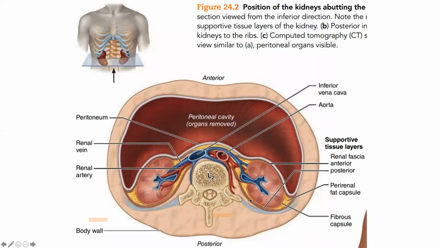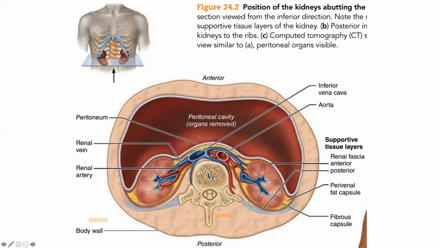So this is the cross section. This is the abdomen at the level of lumbar 2 vertebra. This is the peritoneal cavity. This white lining is the peritoneum. And as we know, although the kidneys are in the abdomen, they are outside of the peritoneum.